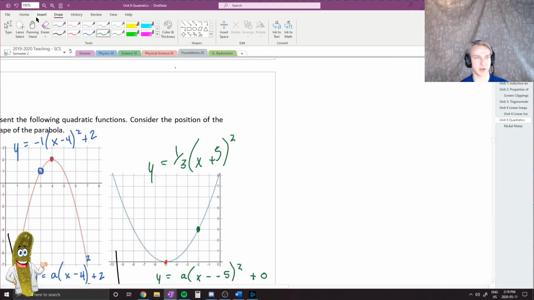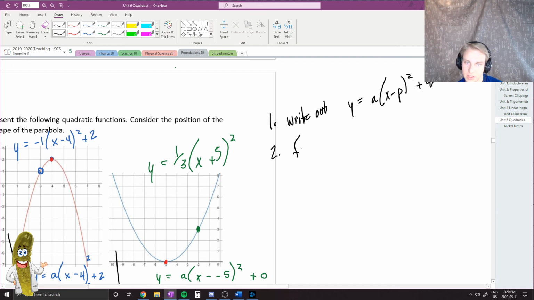Again, the steps, I'll write them out on the side here. Write out y is equal to a times x minus p squared plus q. Fill in the vertex point, that's p and q.